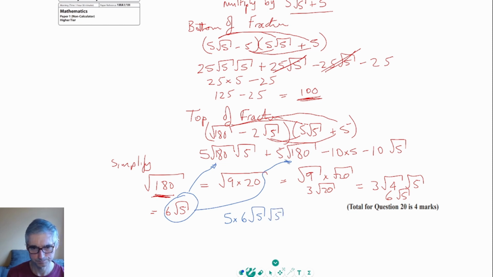For this bit, that's going to be plus 5 times again 6 root 5. The minus 10 times the 5 there is minus 50. And then minus 10 root 5, I'm just going to leave like that.